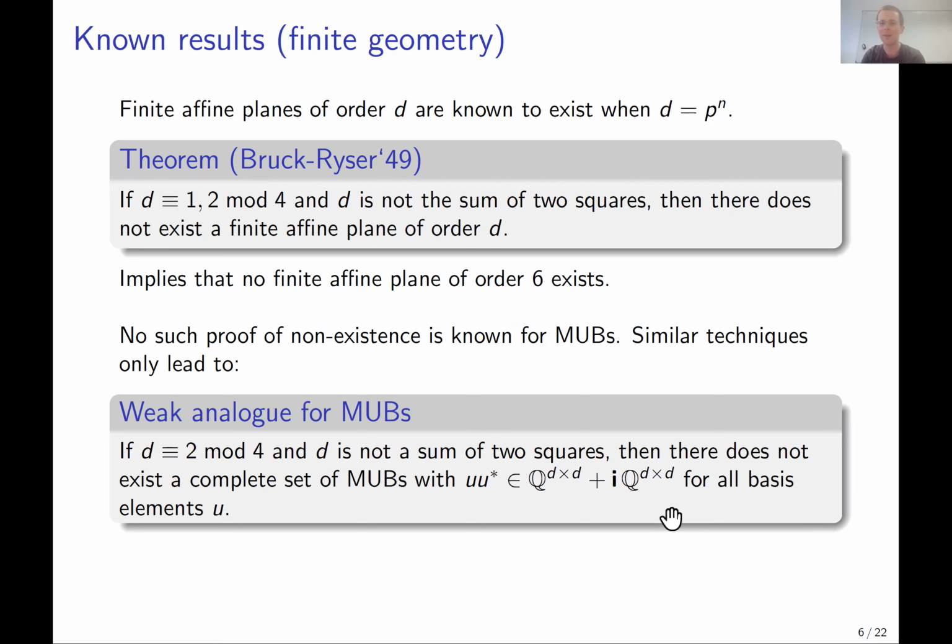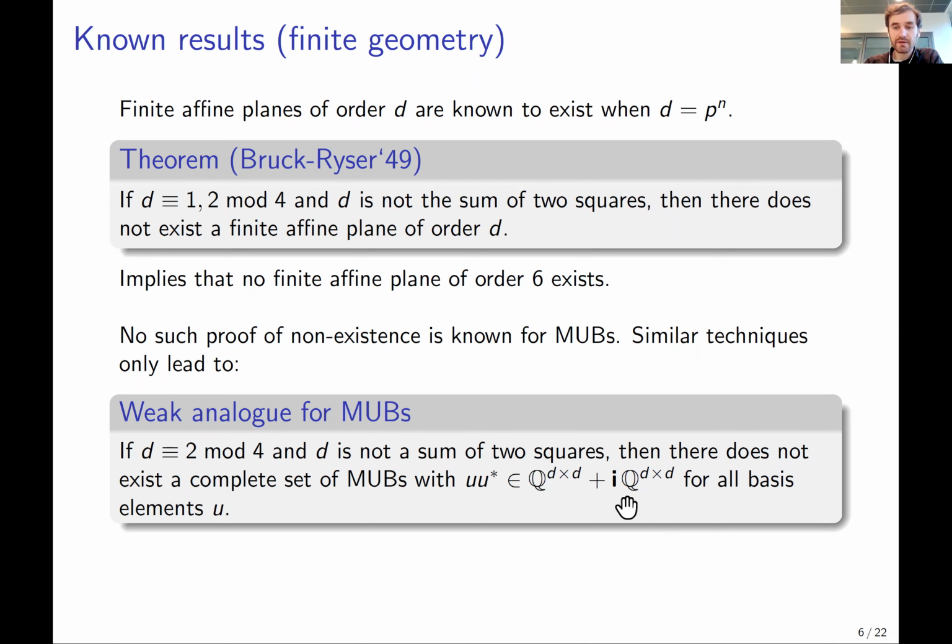But I find it a bit unsatisfactory. You can always reduce to the case where the first basis is the standard basis, of course, and then all the other basis vectors would be like 1 over square root of the dimension times some complex number with modulus 1. And this is saying that this complex number of modulus 1 cannot be the sum of 2 rational numbers in this way.